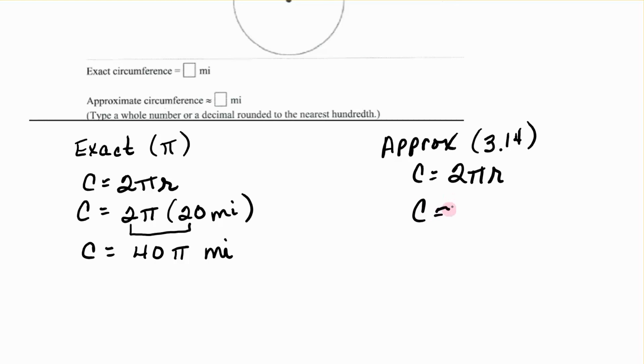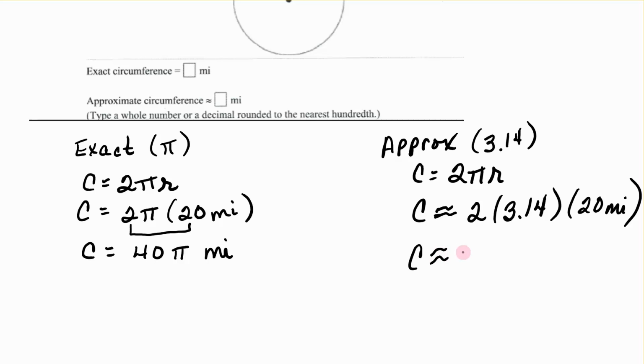It is approximately 2 times 3.14, that's what makes it approximate, times the radius, which is 20 miles. I didn't have to take half of anything because I was given the radius. So the circumference is approximately, multiply those out, and we get 125.6 miles.